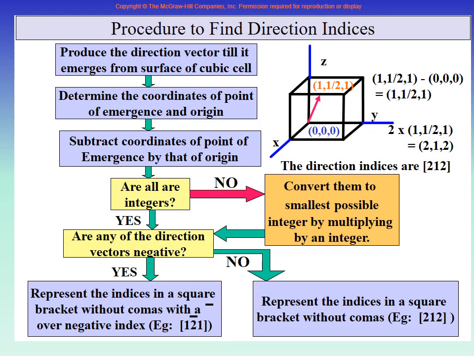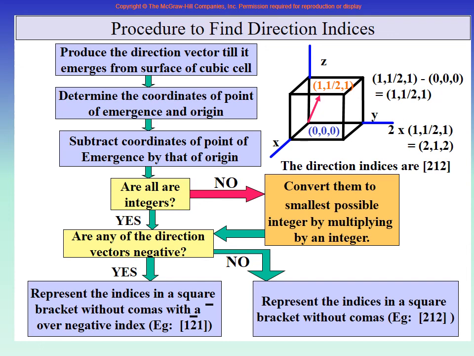So here we are just doing sort of a flow diagram and so on. But the important things are that if the direction is from the origin to a point, just find the coordinates of the second point, and the direction index is second point minus origin. So for all points which are starting from the origin, all direction indices, this is the thing.